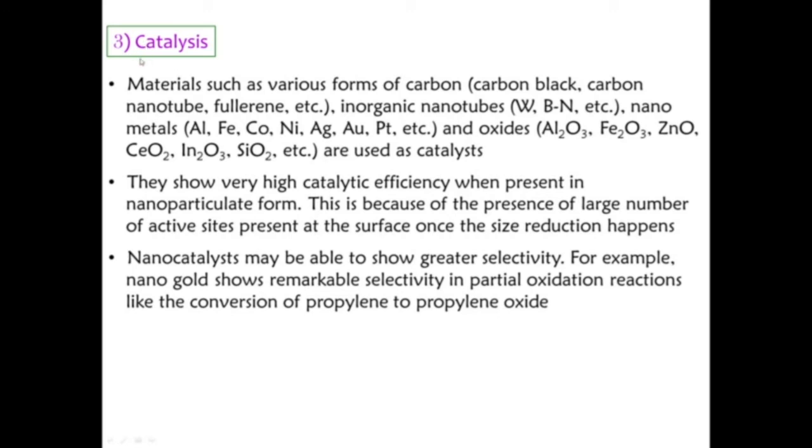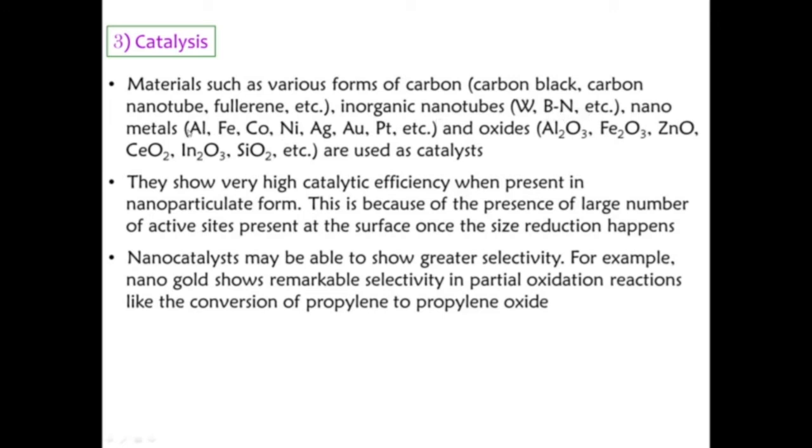Next is application in catalysis. Nanomaterials have tremendous application in catalysis, because as the size reduces, the surface area increases, so more sites are available and the material becomes more catalytic in nature. Materials such as various forms of carbon, like carbon black, carbon nanotubes, fullerene, etc. Inorganic nanotubes like tungsten (W) and boron nitride (BN), which are inorganic semiconductors.